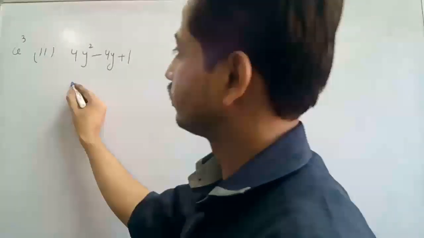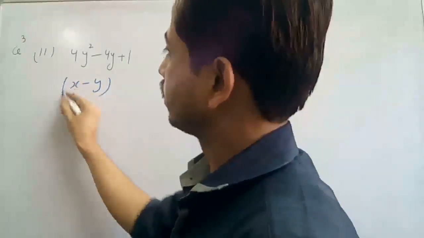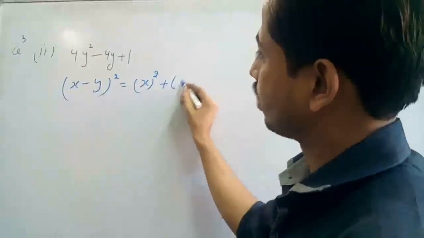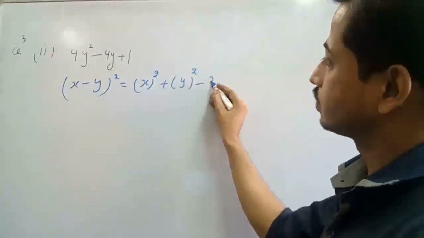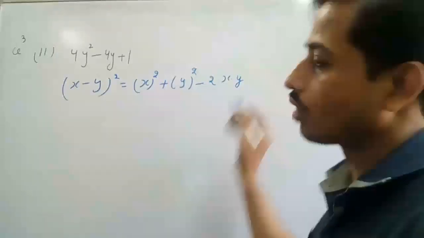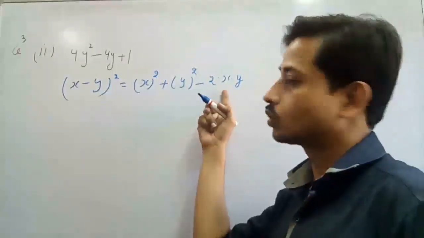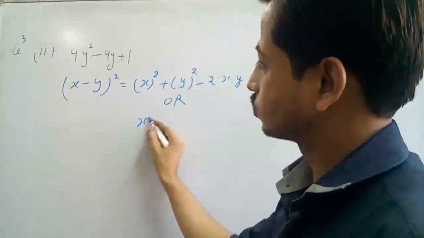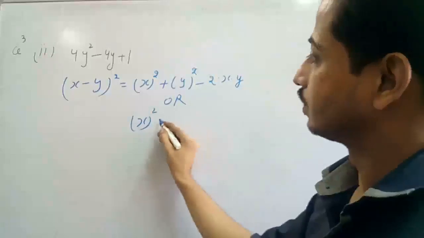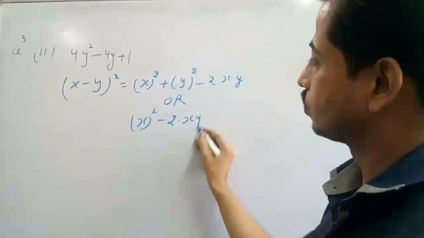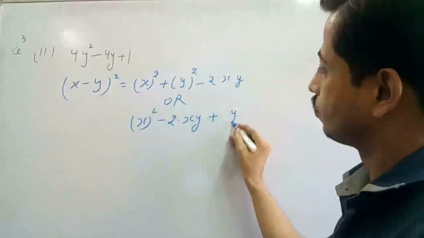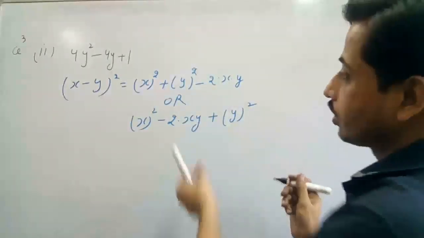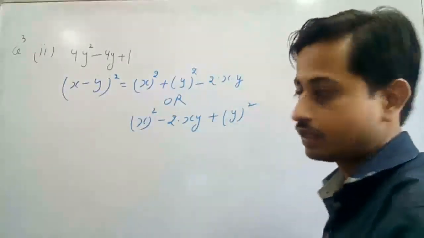So what's the identity? x minus y whole square is x square plus y square minus 2 into x into y, or you can also write it as x square minus 2 into x into y plus y square, with 2xy between the terms. So this is equal to x minus y whole square, but we have this term.